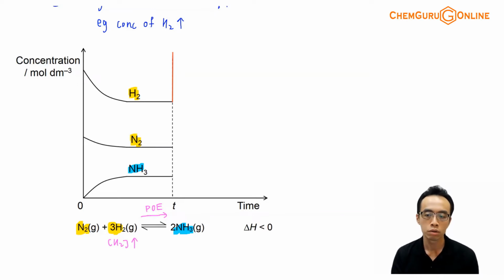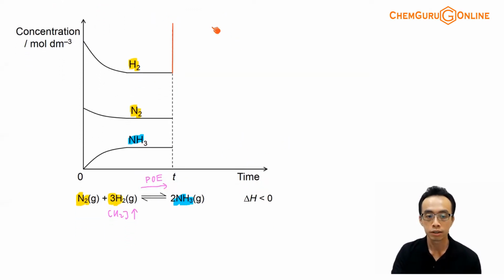Now when the position of equilibrium shifts towards the right hand side, what you notice is you use up your reactant and you form your product. So the consequence involving that is this. Let me write this down here. The concentration of your reactant will decrease because the POE shifts towards the right hand side, favors the forward reaction, and the concentration of my product will increase.